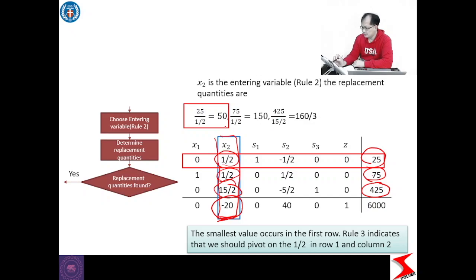So we get 50, 150, and 160 divided by 3. So 50 is the smallest number, which means we will choose this one. We will choose s1 as the leaving variable, so this one will be the pivoting point.